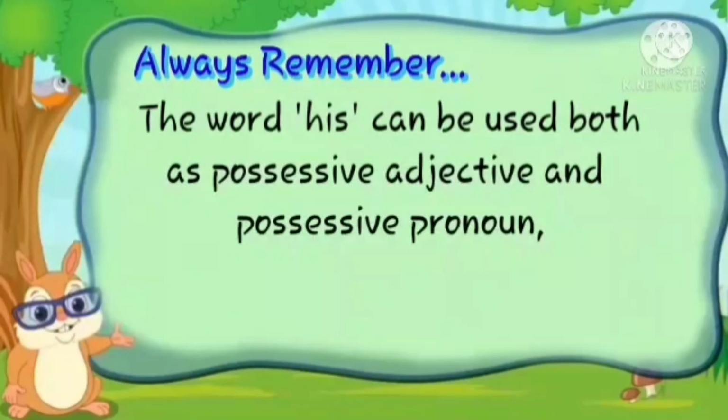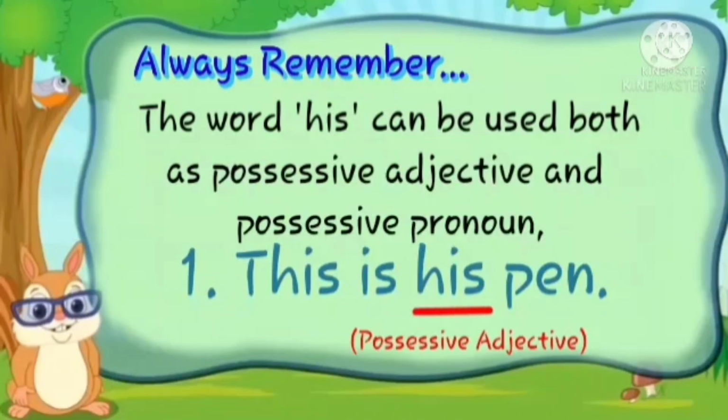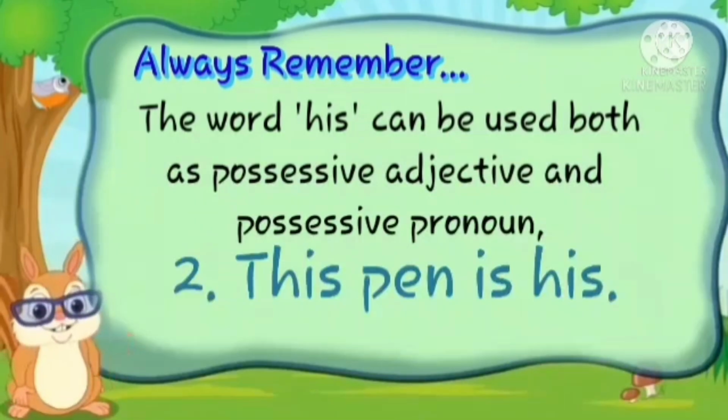Second, the word his can be used both as possessive adjective and the possessive pronoun. Example, this is his pen. Again, his is placed before a noun and is termed as a possessive adjective. And in the second sentence, this pen is his.